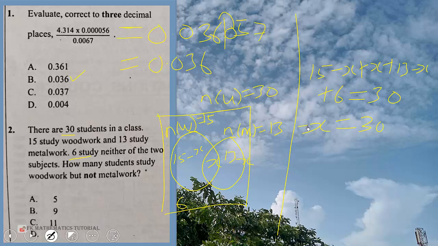So negative x equal 30 minus 34. So negative x is equal to negative 4. So x is equal to 4. So if x is equal to 4, then those who study woodwork but not metalwork will be 15 minus x, 15 minus 4, which is equal to 11. So the correct answer is C.